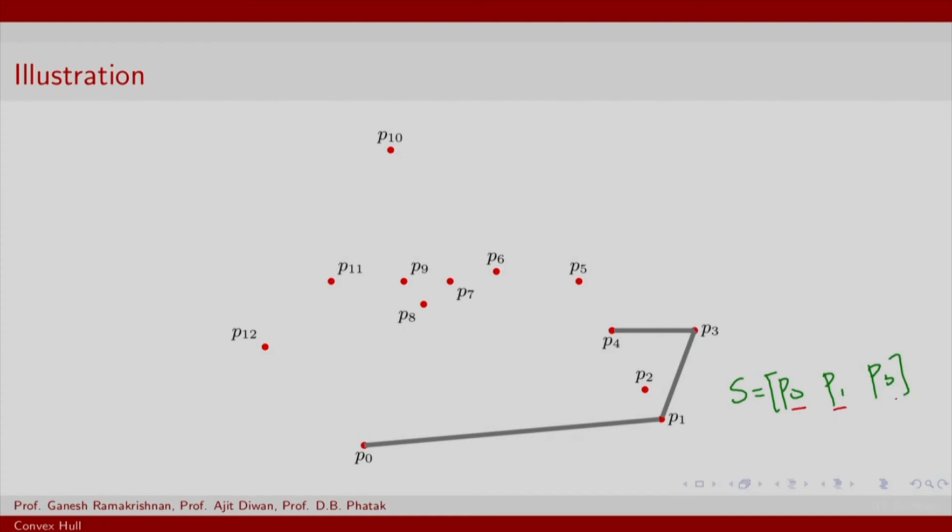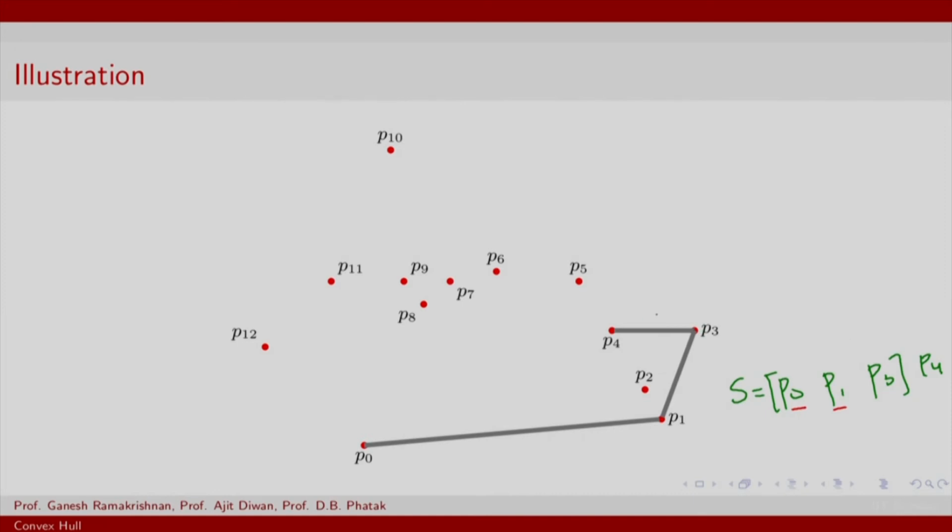So we always look at the top element as a candidate for inclusion or exclusion in conjunction with the new point that is being considered, which is P4, but we will use the previously included point P1, the second last element on the stack, to check whether P3 should be included or not, and that is what we will do here. The angle subtended at P3, we find that P4 is rotated clockwise from P1 with respect to P3. So this means P3 will be included.